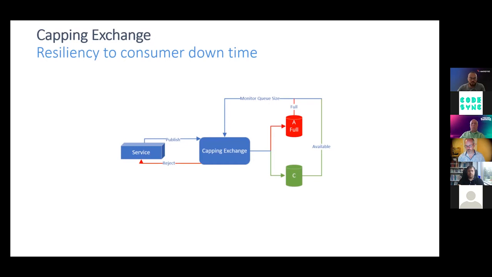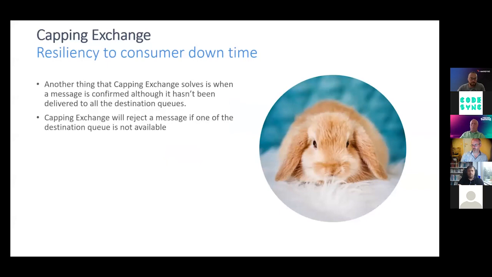And why did we have to do it with a custom exchange? Why not just set a policy on the queue? The main reason is, first of all, if you have unacked messages in your consumer buffer, they're not counted.